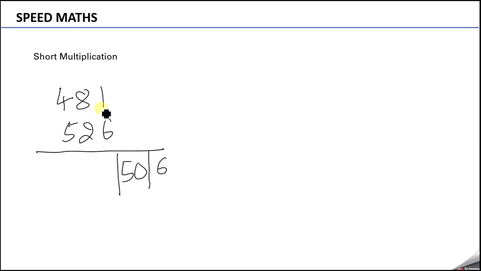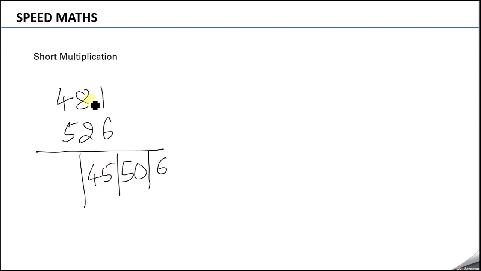For this third step, take the corner ones, 4 into 6, 24, plus 5 into 1, 5, which gives 29, plus your 8 into 2, 16. So 29 plus 16 gives us 45.